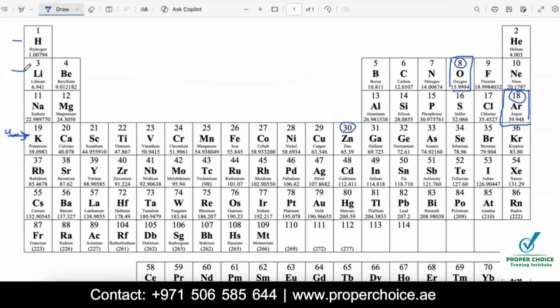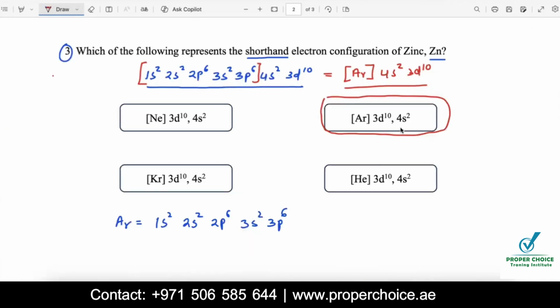This is the first, second, third and fourth. So look at the noble gas in the previous row, the previous period. That is argon. With all this, we can recognize that that is the right electron configuration in terms of shorthand. So rather than writing 1s2, 2s2, 2p6, 3s2 and 3p6, we write it in a short way as the electron configuration of argon plus these additional parts which correspond to zinc. So that makes sense with option B.